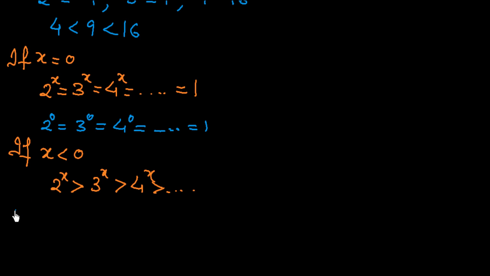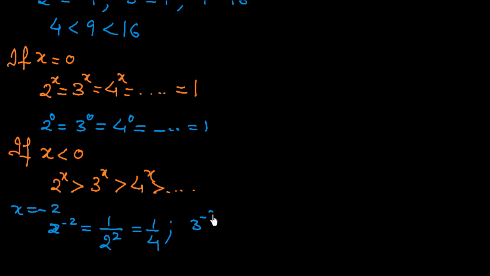If we are taking x is equal to minus 2, then we see what happens now. 2 power minus 2 is equal to 1 over 2 power 2, which is 1 by 4. Okay.